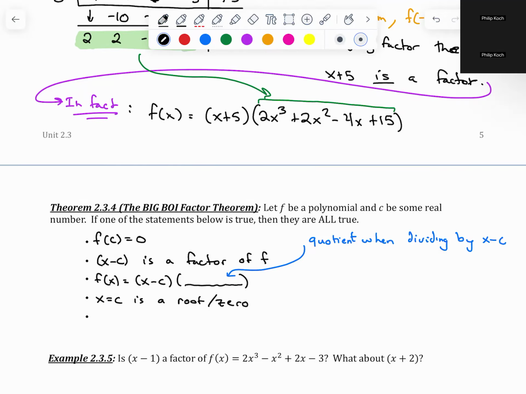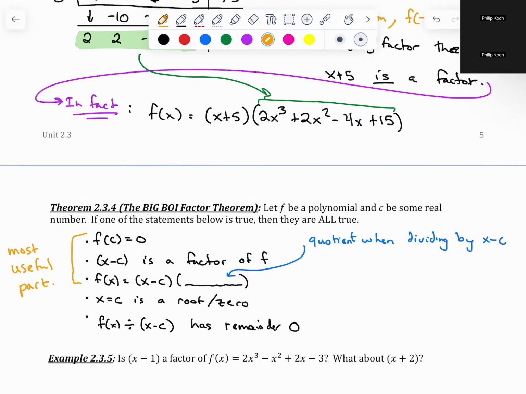And then last but not least, f of x divided by x minus c has remainder 0. Whew, that's a lot of things to write. The first three are the most useful parts of it.